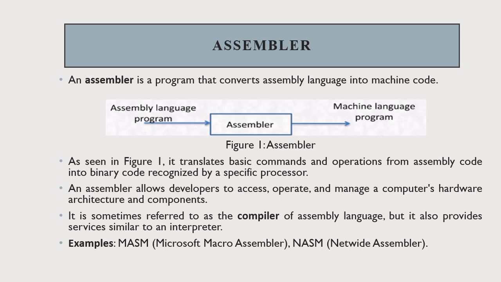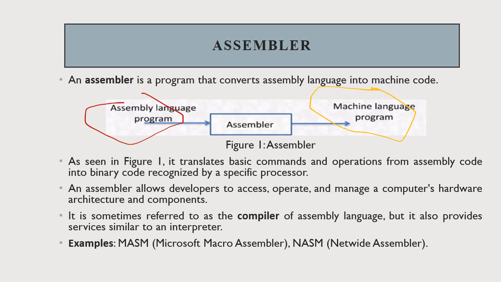Figure 1 illustrates the pictorial representation of how an assembler works. As you can see, an assembly language program will be passed to the assembler and it gets interpreted, where it will produce the machine language representation or program. So as seen, it translates these basic commands and operations from assembly code into binary code recognized by a specific processor.